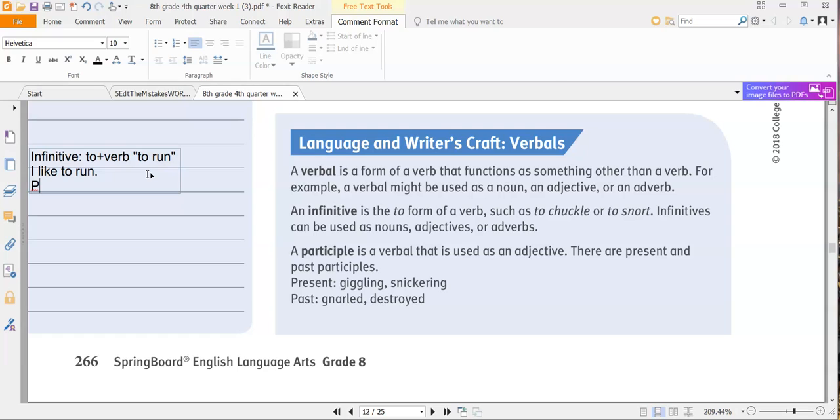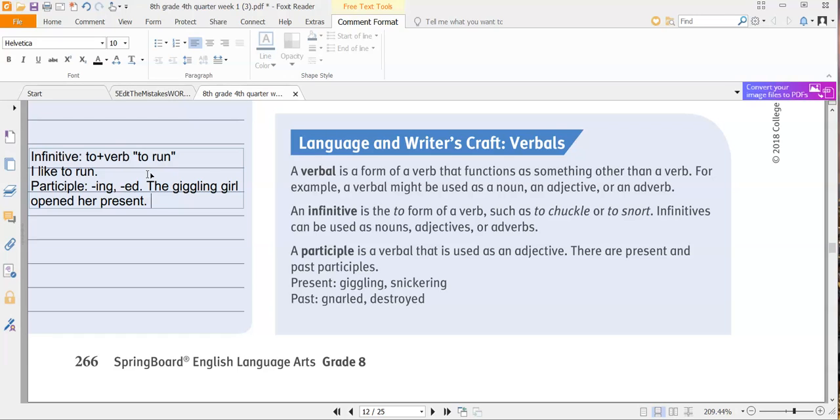Here we have participle. Now a participle can end in ing if it's present or ed if it's past. This is when it's used as an adjective, okay? So an example would be the giggling girl opened her present.